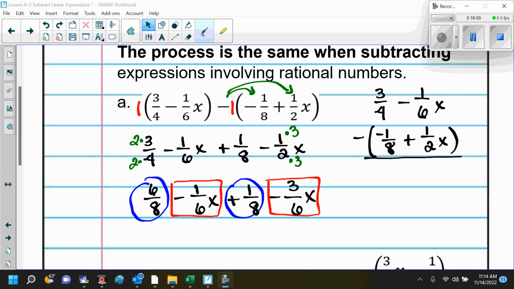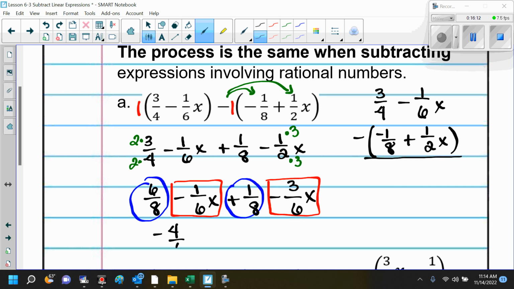So we've got, let's see, the x terms first. So negative 1/6 x plus a negative 3/6 is negative 4/6 x. And then we've got a positive 6/8 plus 1/8 is, so plus 7/8.